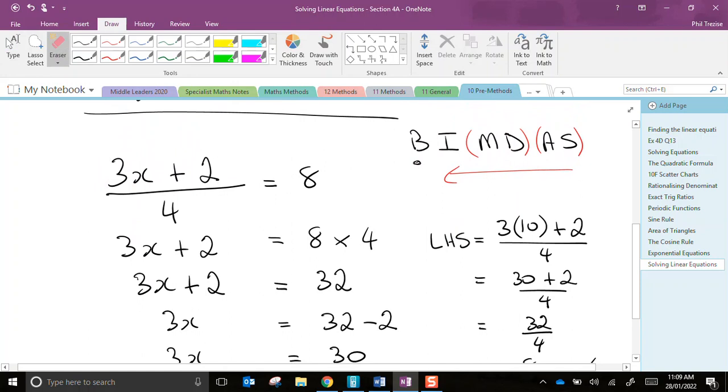It's tempting to say the +2 is the first part to attack, but that +2 is combined with the 3x as the numerator of a fraction. So really, the 3x + 2 is untouchable until we deal with the divide by 4.